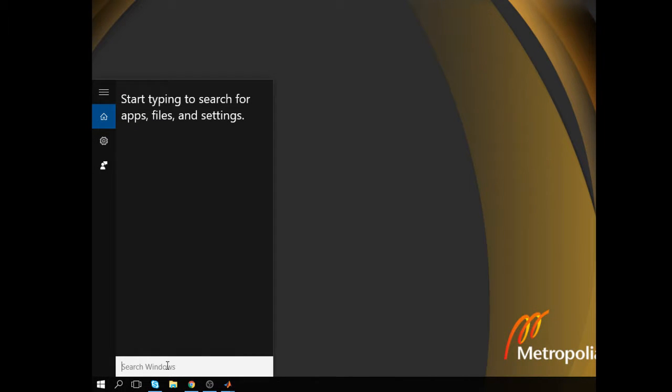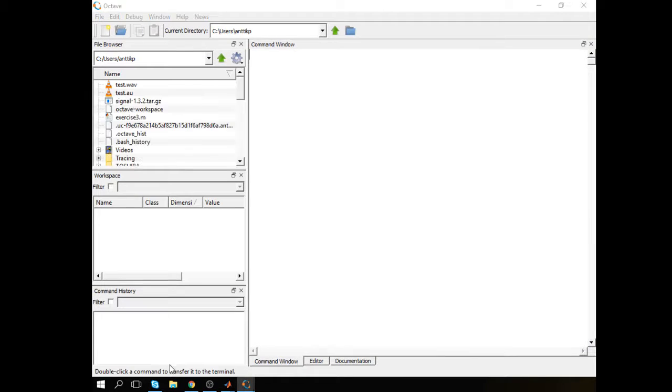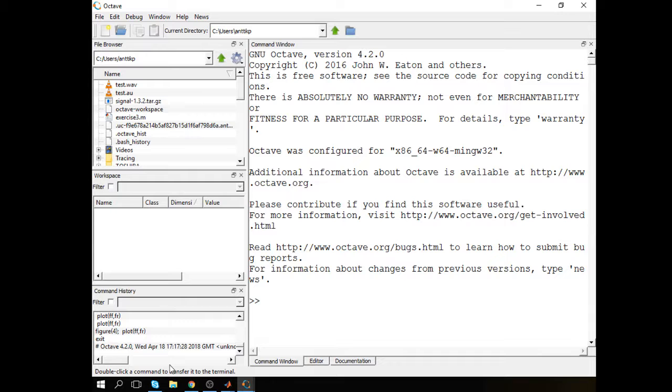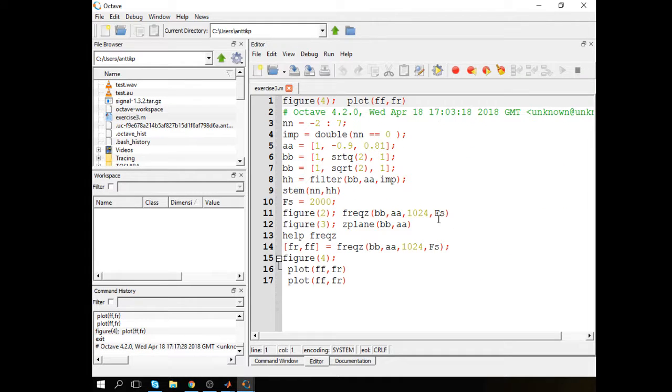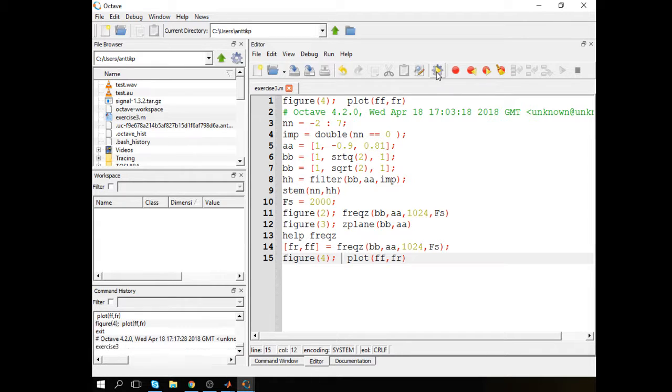Sorry about that. As you can see, you're lucky to have MATLAB instead of Octave. But anyways, now I was a little bit smarter, and now I can save the file and run.